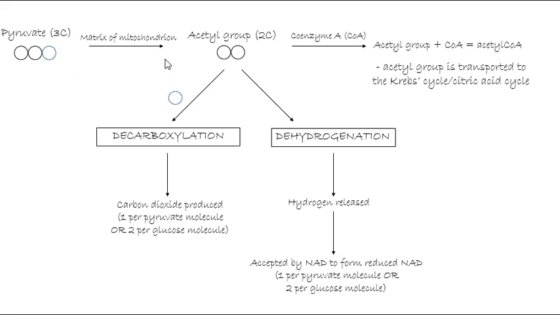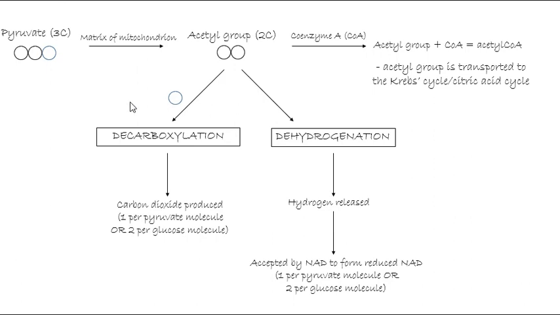So for easy reference, I have outlined this circle in blue, and this circle in blue represents the carbon atom that has been removed or eliminated or decarboxylated during the conversion of pyruvate to the acetyl group.